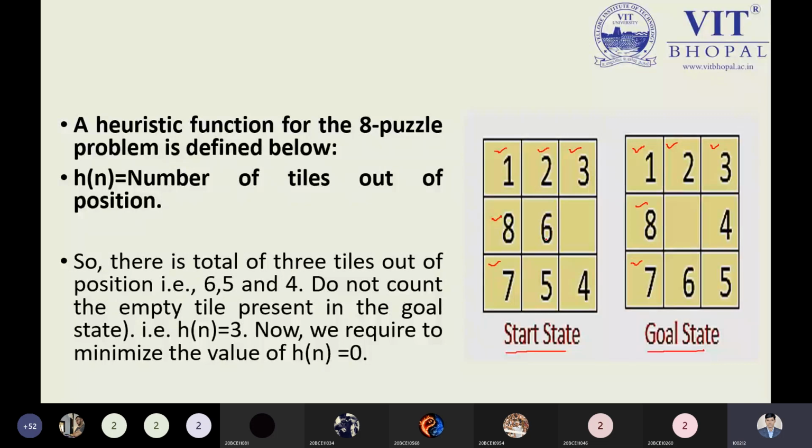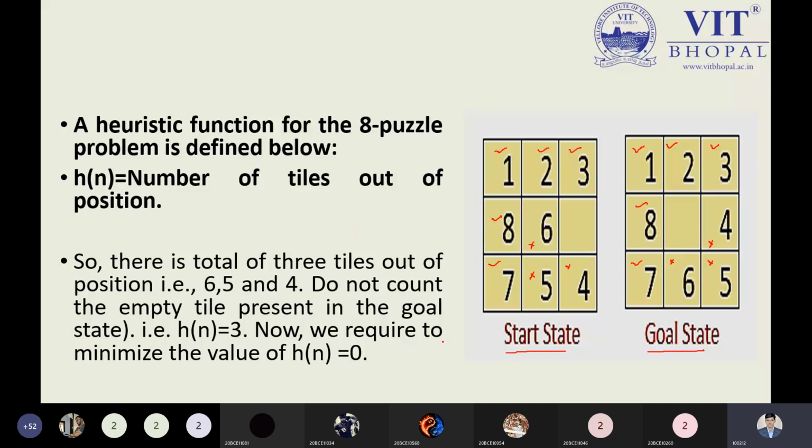But the 6, 5, 4 are not matching. So by choosing an empty tile, we can do the shifting by choosing some operations or actions. What are the actions? As I told you, up, down, left, and right.